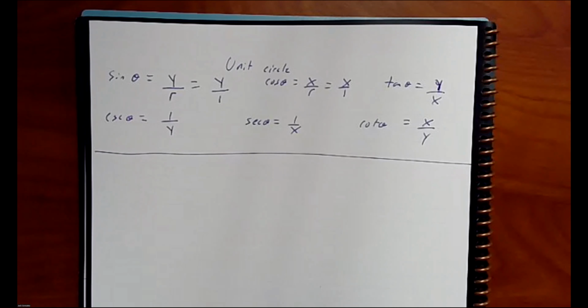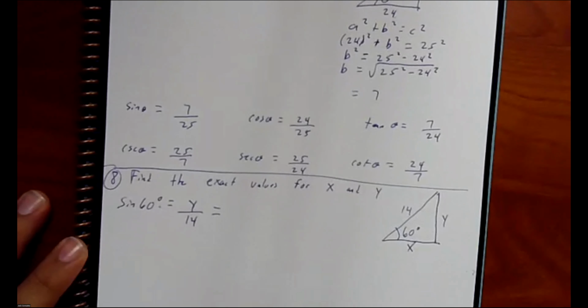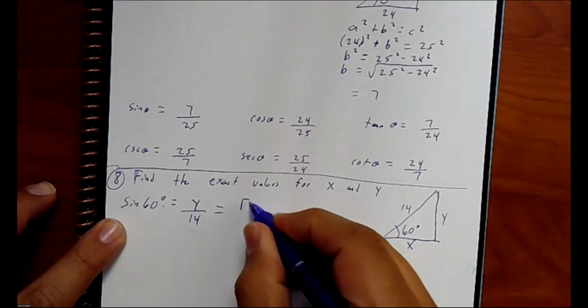Okay. Oh, wait a sec, before I go back. Okay, so knowing this, we should know that sine of 60 is equal to square root 3 over 2.